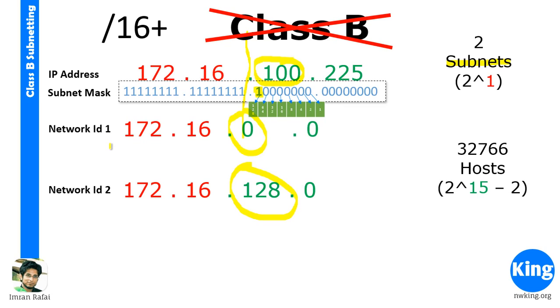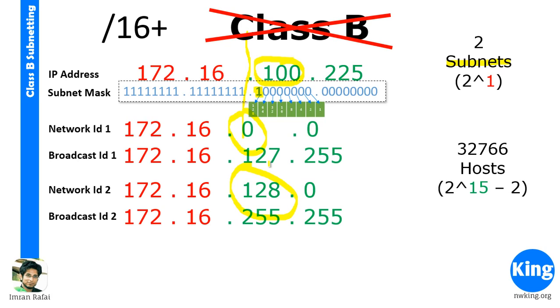How do we get the broadcast ID? Broadcast ID is the next network ID minus 1. So 128.0 minus 1 is 127.255. Remember the digital clock. 1400 hours minus 1 second is 1359.59.